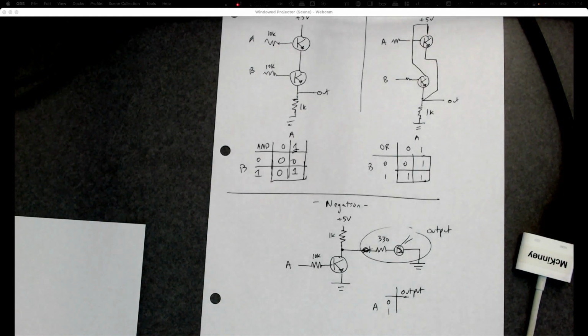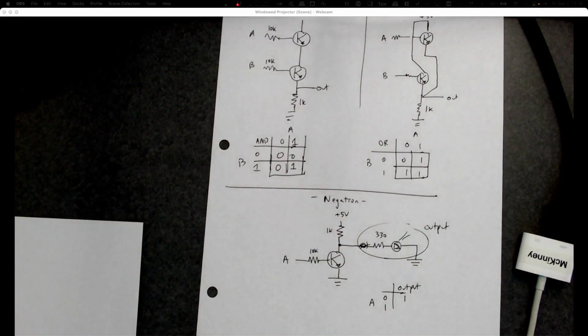Yes or no? No, because the transistor's not open. Okay. And so, but can electric current go to ground over that way? Yes. Okay, so what would the output be in this case? If the input A is 0, what's the output?